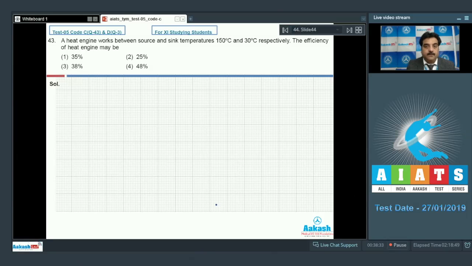In question number 43, a heat engine works between source and sink temperatures 150 and 30 degrees Celsius respectively. The efficiency of the heat engine may be? Efficiency of a heat engine is given by 1 minus lower temperature to the higher temperature. Lower means sink, higher means source. So now you can place the values: 1 minus.